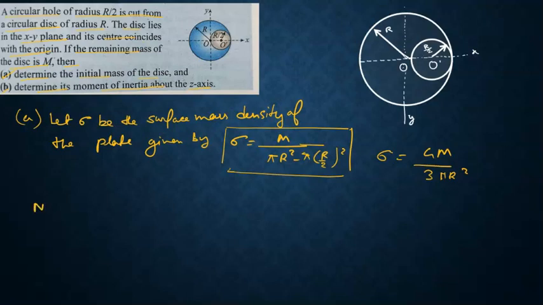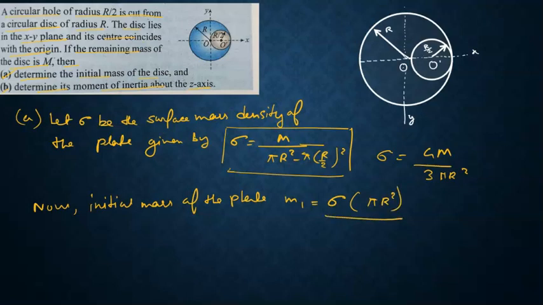Now the initial mass of the plate, let's say m1, equals sigma into pi r square. Before the smaller disk was cut, the area of the plate was pi r square.